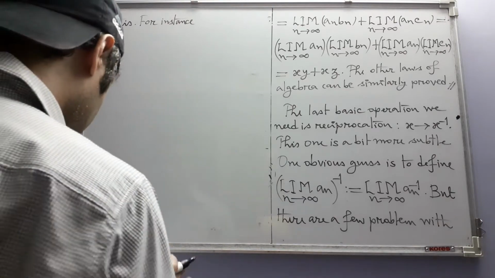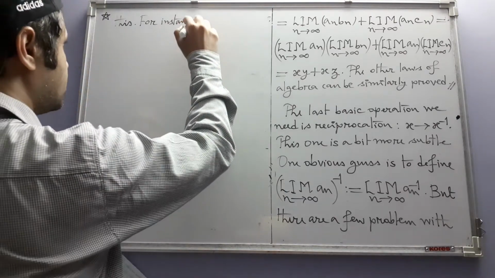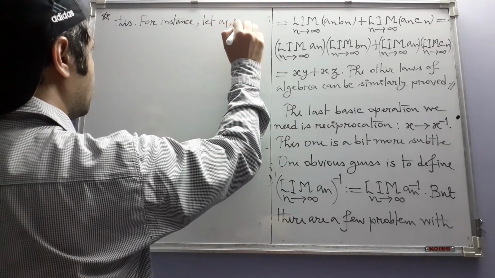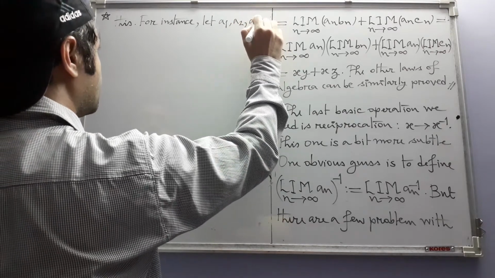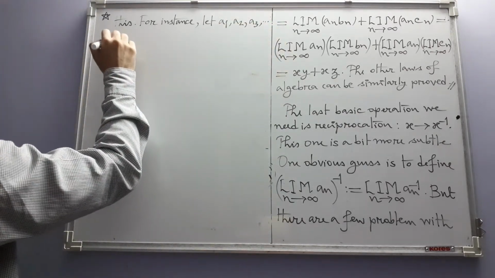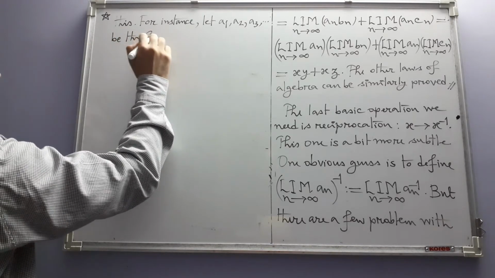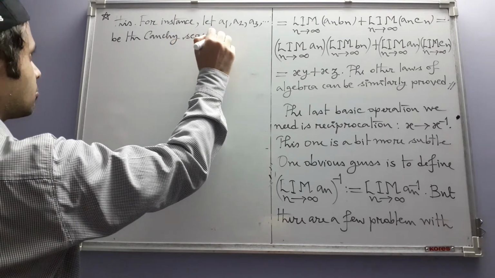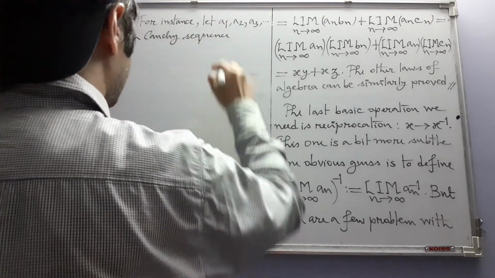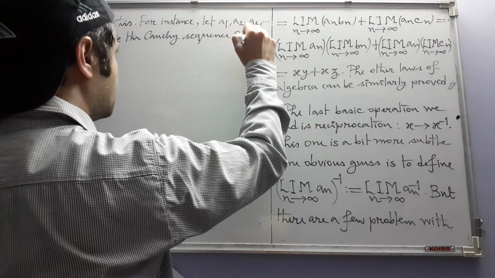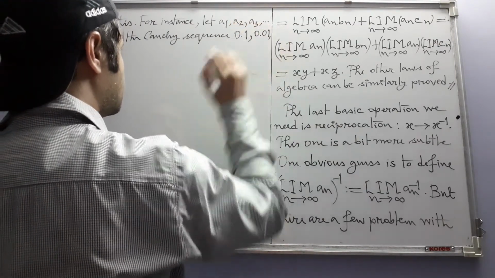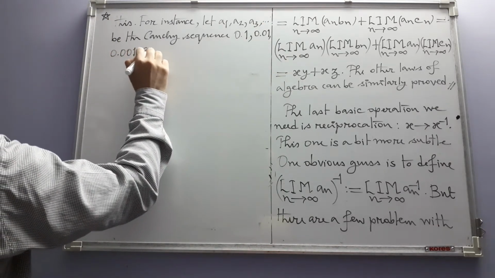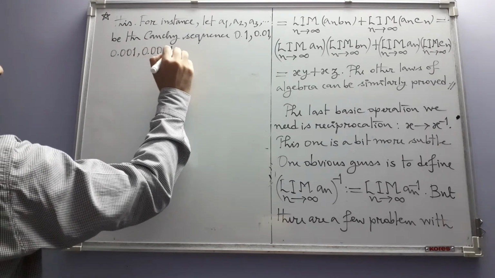For instance, consider this Cauchy sequence. Let A1, A2, A3, etc. be this Cauchy sequence whose terms go like this: 0.1, 0.01, 0.001, and so on.